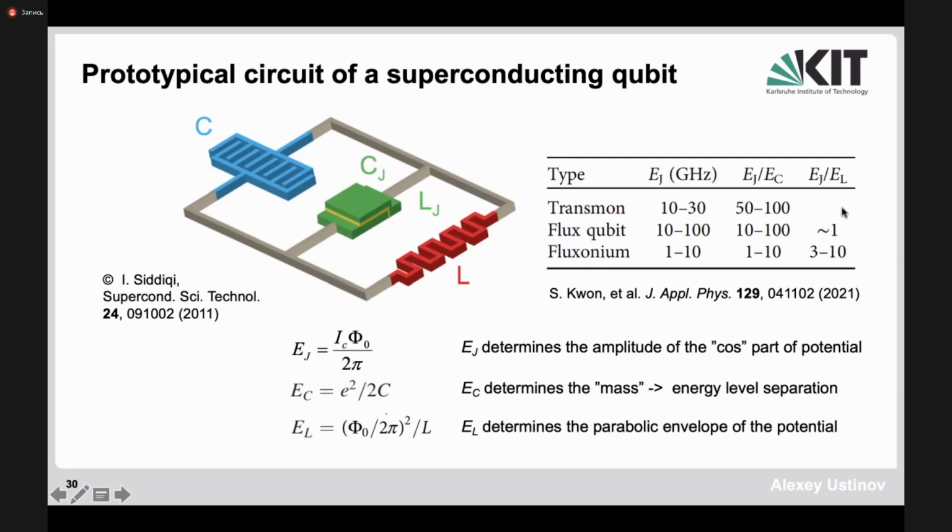Transmon has zero inductive energy. We discussed the flux qubit, which has inductive energy of the order of Josephson energy. And in the fluxonium, the inductance is larger. Therefore, the inductive energy, which has inductance in the denominator here, is quite small. So the Josephson energy dominates. And therefore, all these devices have somewhat different properties.